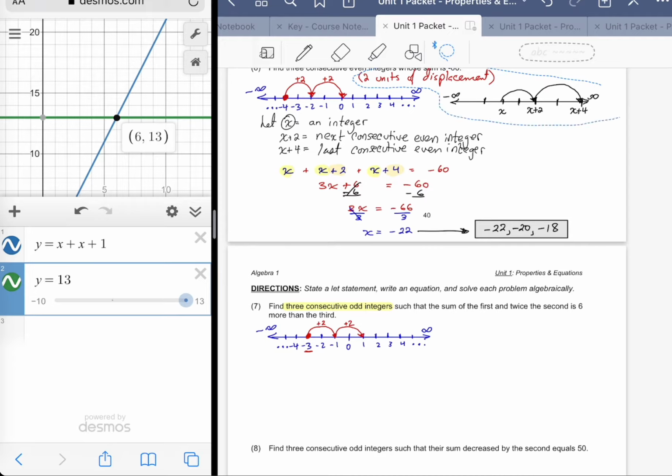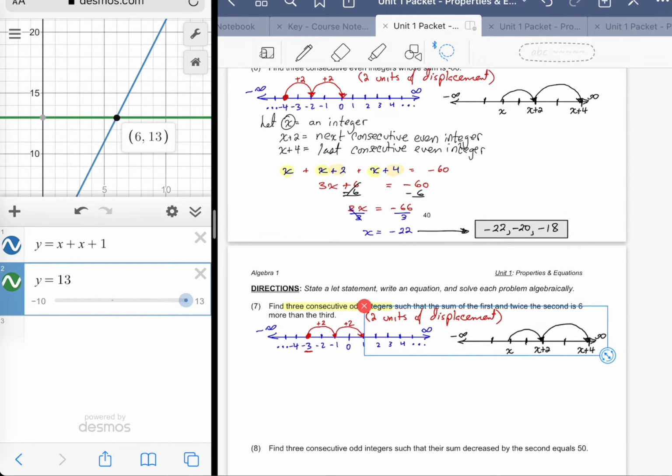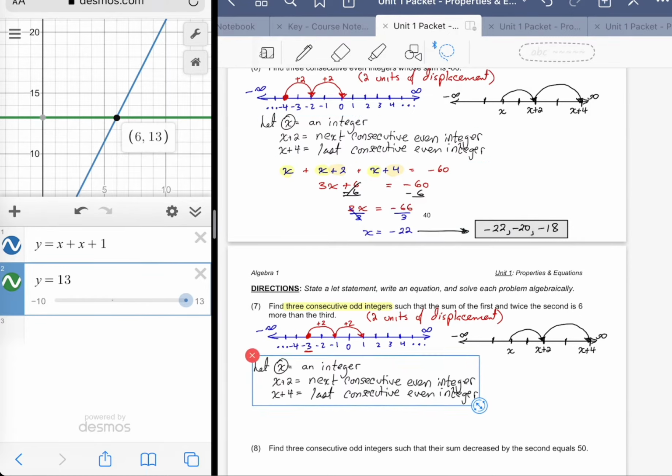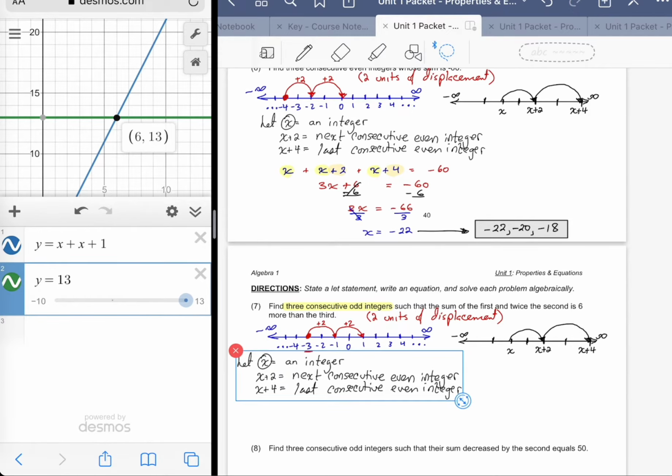It's still 2 units of displacement, and so it's still going to be the same general setup. Three consecutive odd integers. In fact, I can take all of this and duplicate it right down here, just changing every instance where I said even to odd.